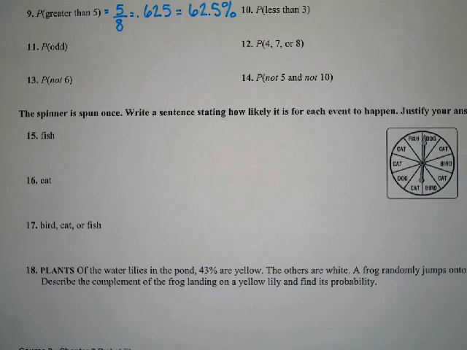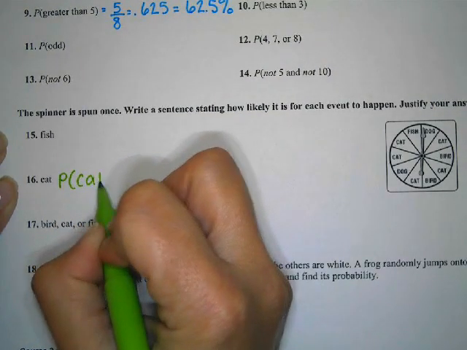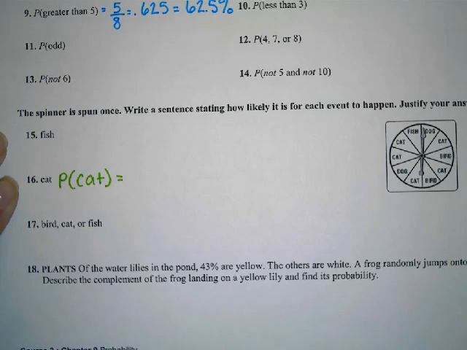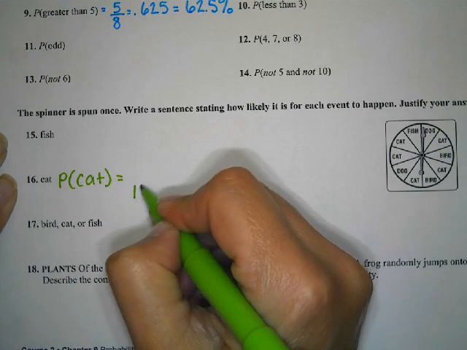So let's do number 16, the cat. We want to know what the probability of choosing a cat, or stopping on a cat, is. So how many sections do we really have? We have 1, 2, 3, 4, 5, 6, 7, 8, 9, 10. So there's 10 sections.